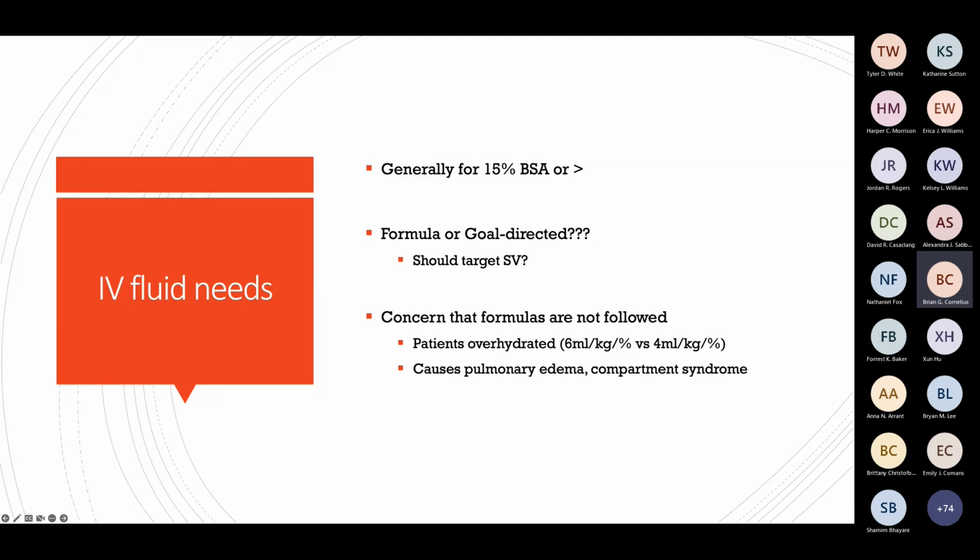Issues that we run into with these patients that get overhydrated. So we talked for a long time about how it's important to make sure you effectively resuscitate these patients. But if you give them too much fluid, it can also be problematic. So you can result in pulmonary edema, and one of the big ones is abdominal compartment syndrome. A lot of the research for burns, again, comes out of the military. It actually comes out of San Antonio.